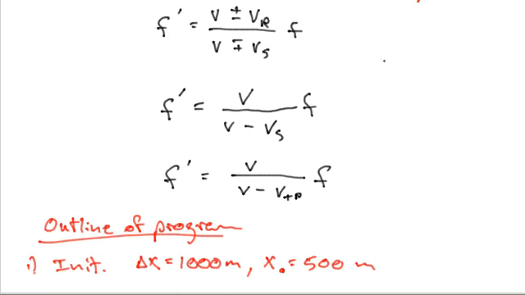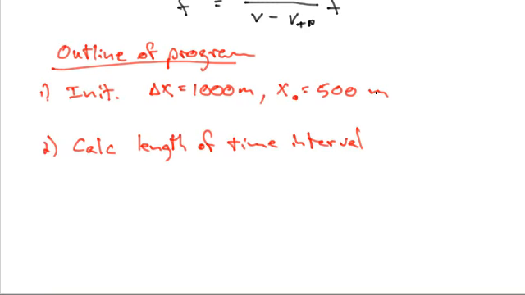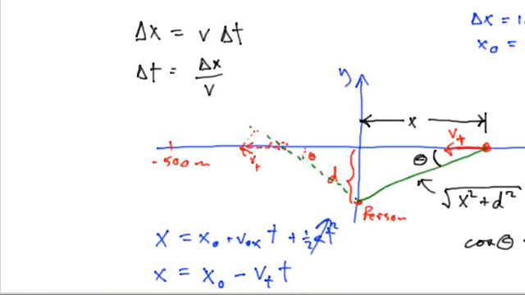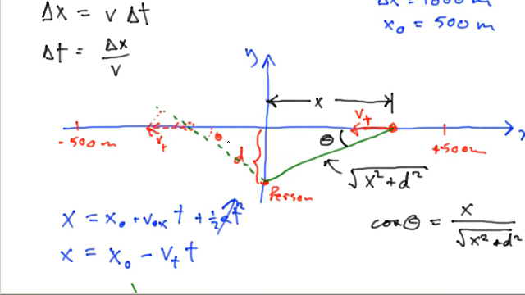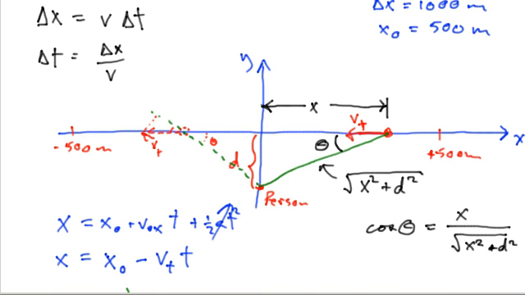Delta t is delta x over Vt, the speed of the train, which is given by the user. It's a constant speed of the train. I'm calling it V sub t. Didn't like the last one, it looked too much like a plus sign.